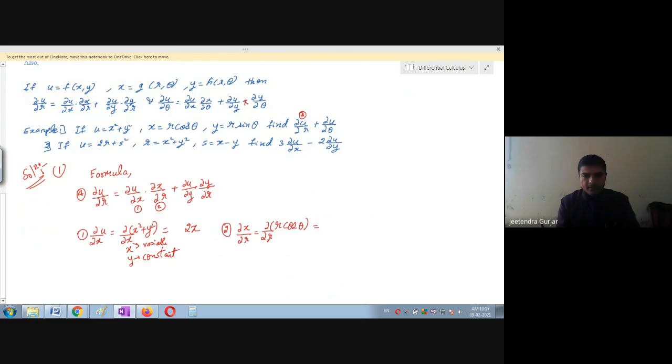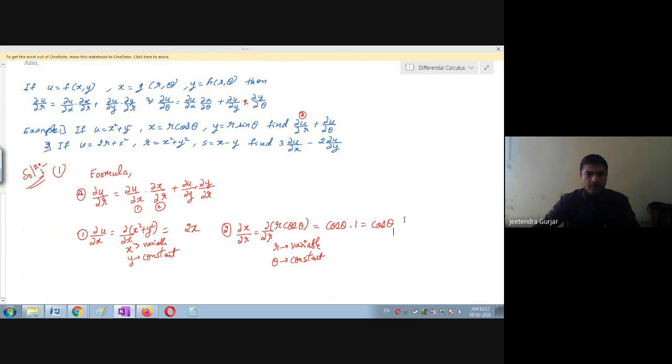Now tell me, this is partial differentiation with respect to r, so r is our independent variable. Please remember, r is the variable and the other variable theta we consider as constant. Cos theta is constant, so I will write it outside. Differentiation of r with respect to r is 1. Therefore, this is equal to cos theta.